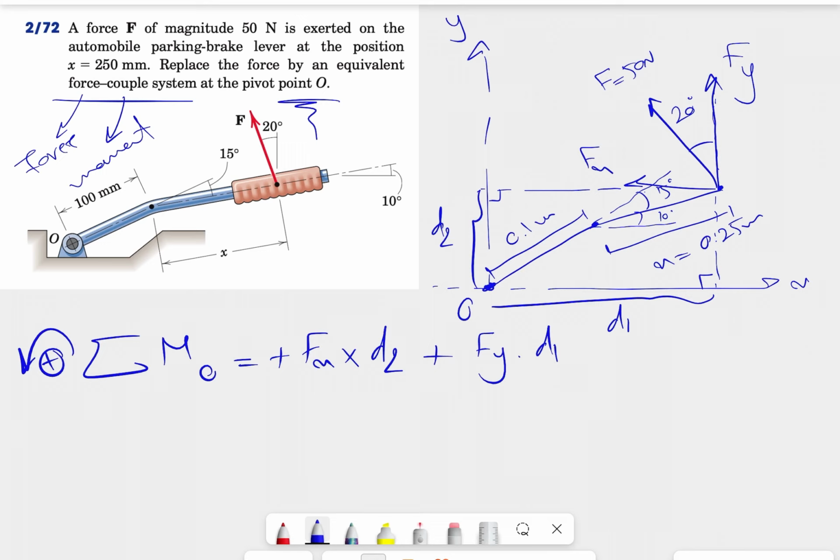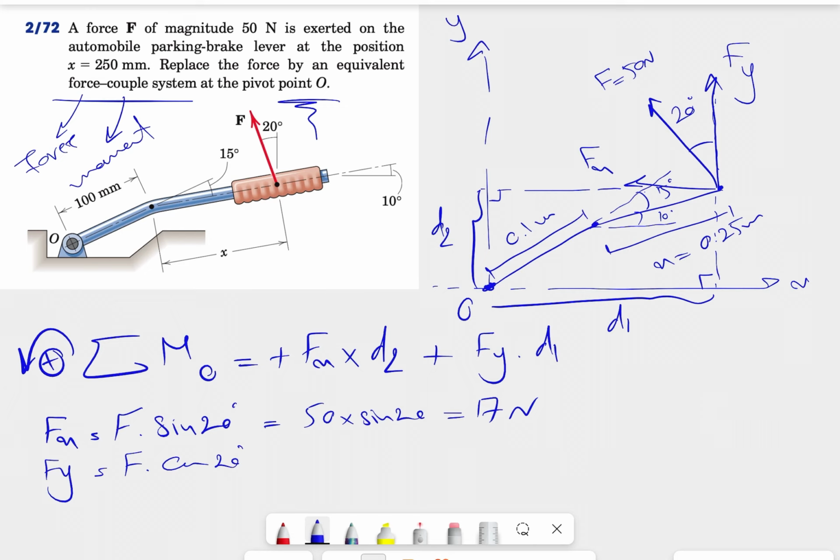So for Fx, if we want to find the Fx, we have the negative force in here, which is F sine of 20, and that would be 50 times sine of 20, which would be 17 Newton.